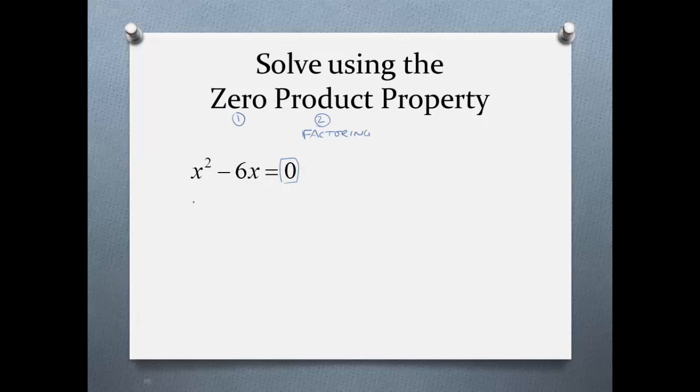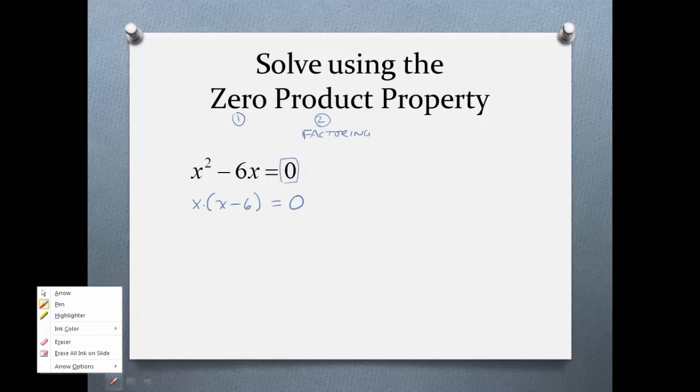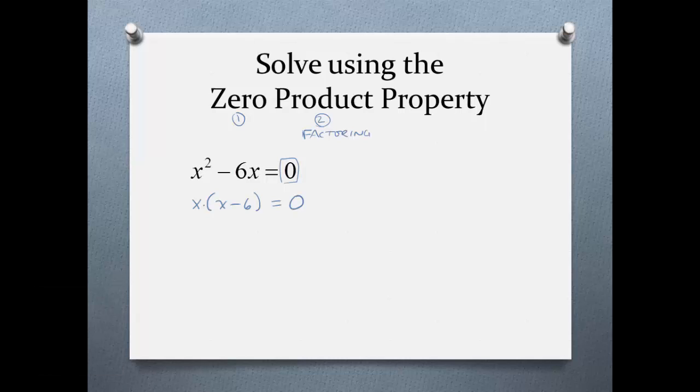So in this case, I've got a greatest common factor of x, and I can rewrite this as x times x minus 6, and that's equal to 0. So now I've got my product. And here are my two factors. One of them is x, one of them is x minus 6.